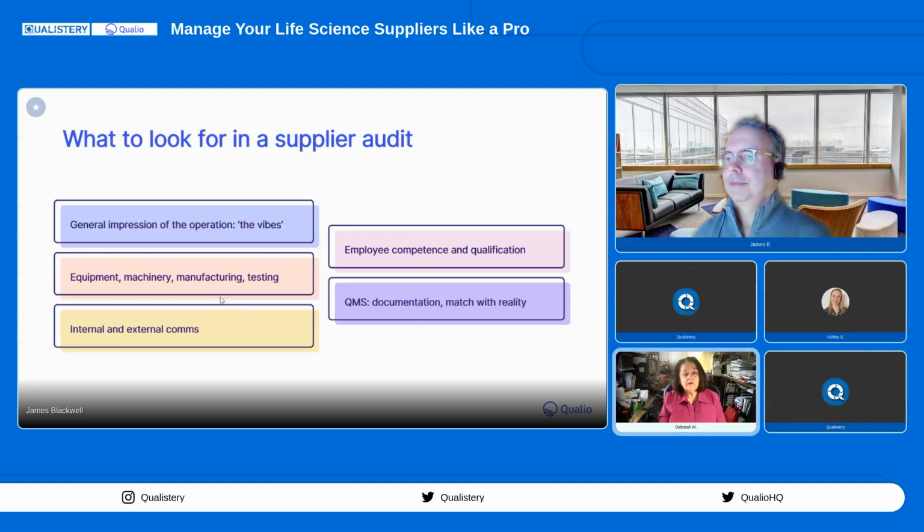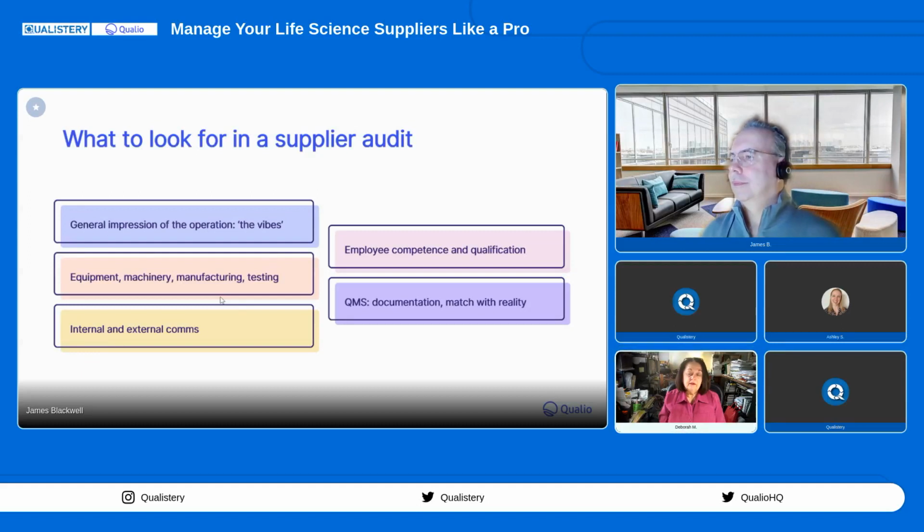Employee competence and qualification. It's interesting when I do audits, what places allow me to talk with the employees doing the job and what places the supervisor jumps in and gives me all the answers. I sense in a lot of cases that the employees know exactly what they're doing and they're capable of answering the question, but the supervisors aren't allowing that to happen.